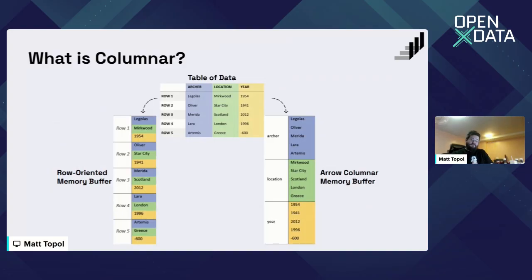This is important because it improves your I/O performance. That's why, say, Parquet is column-oriented. It also allows you to only read or allocate memory for the columns that you actually need to operate on and utilize. It also means that your data is already in a configuration that is ideal for vectorized processing and SIMD.